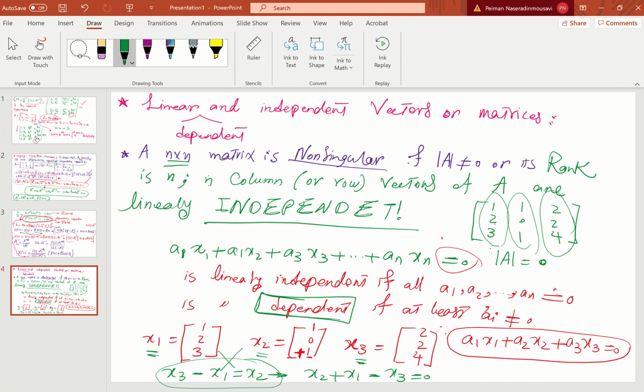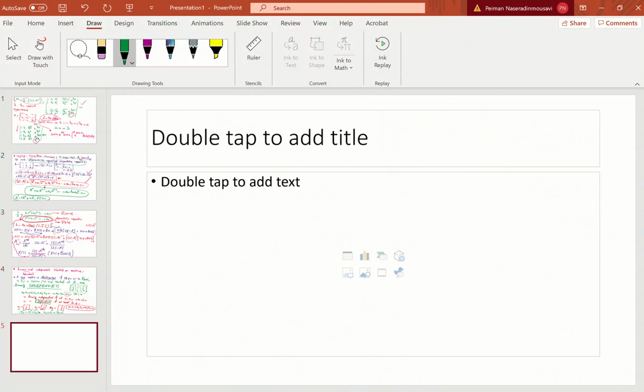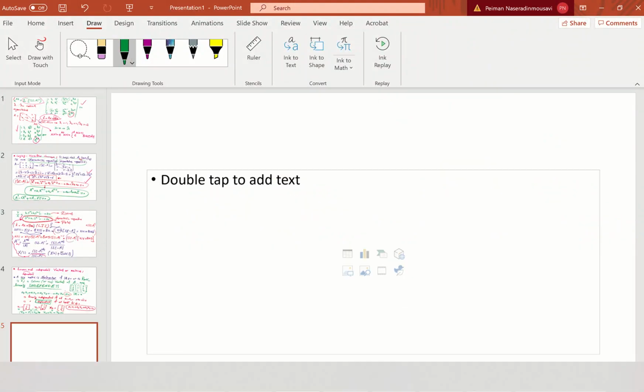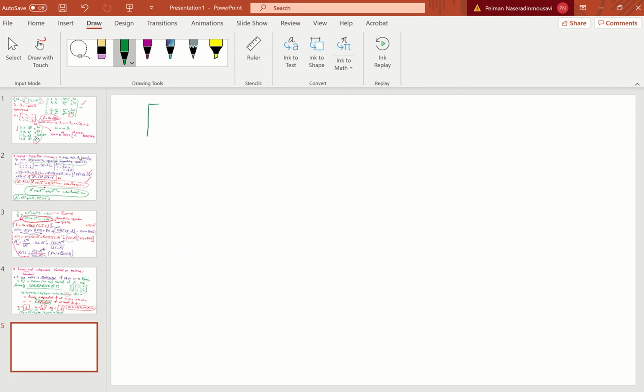Understand? So that's why in high school the teacher tells us that if you have a matrix like this, a1, a2, a3, a4, a5, a6, a7, a8, a9, look at the columns or the rows, it doesn't matter. Okay, I'm talking about the columns.